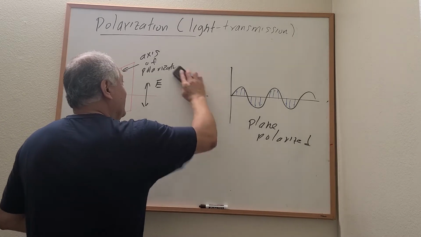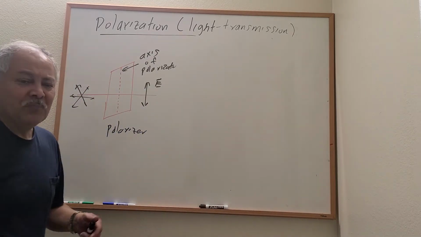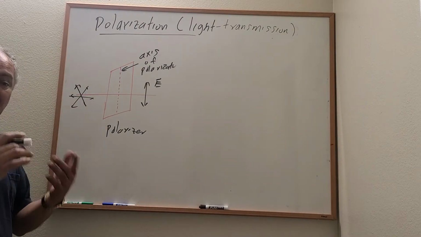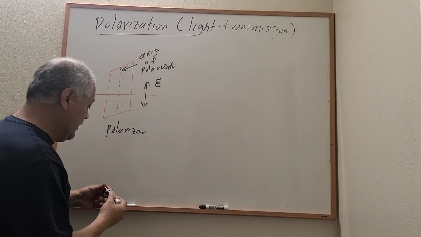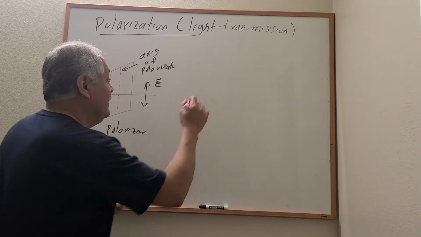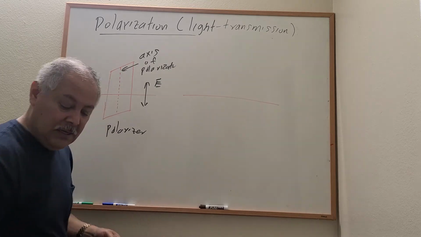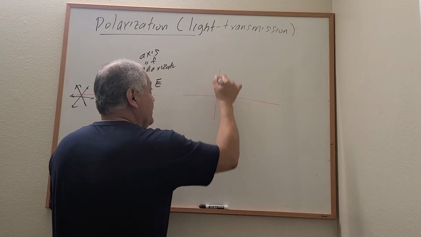Perfect. Now, what happens if we have a second polarizer? The second polarizer is called the analyzer. Imagine now we have this linearly polarized light, and again we have an analyzer right here.